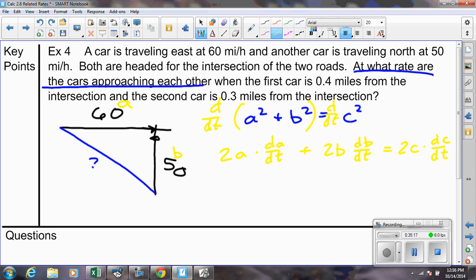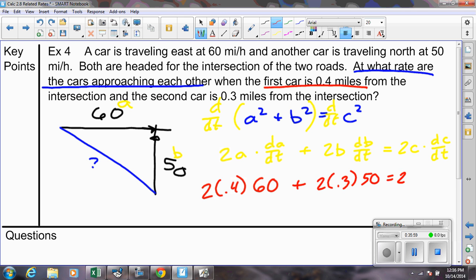What pieces do we currently know? We know distances. The first car is 0.4 miles. So it tells us 2 times 0.4. Scotty, you also told us the rate. dA/dt, the speed of the car, is 60. Okay, what else? Okay, so we had 2 times 0.3, and its rate is 50.